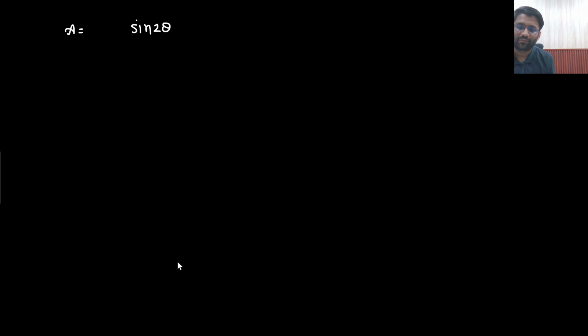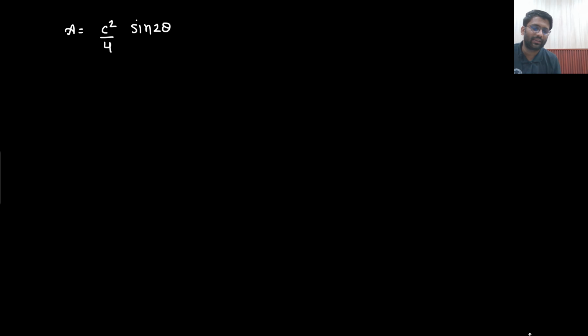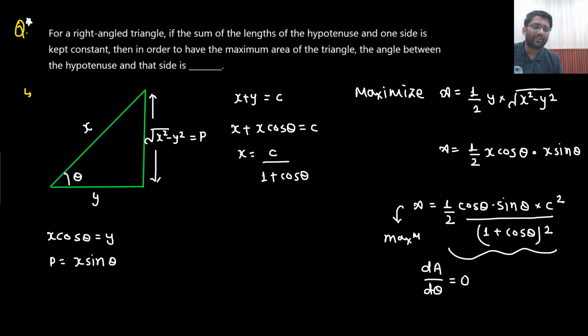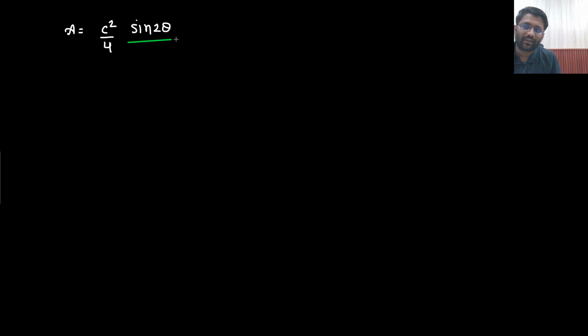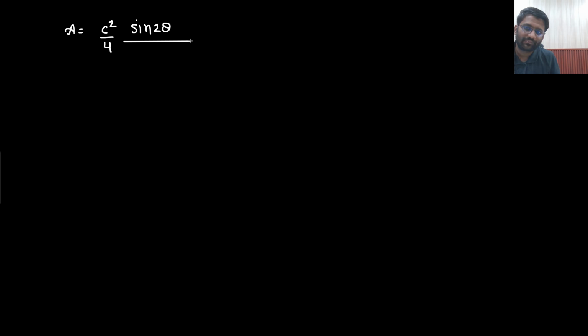So c square by 4. Multiply with 2, divided by 2. So c square by 4 sin 2 theta divided by 1 plus cos theta whole square. So it looks easy, but we need to differentiate as well.